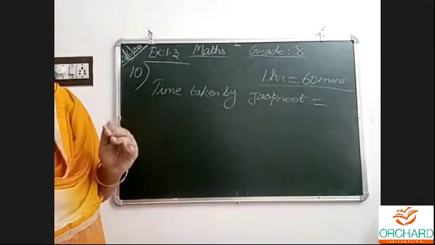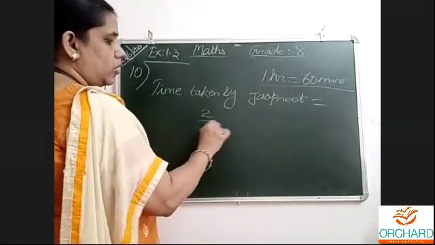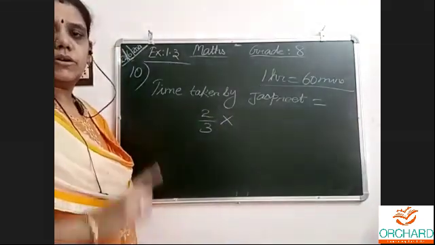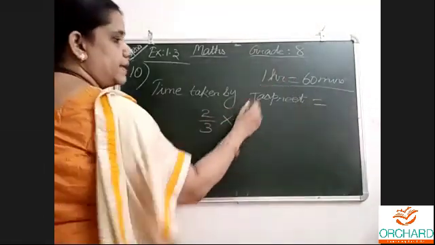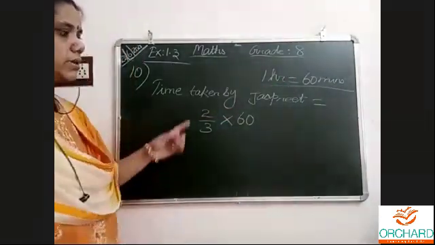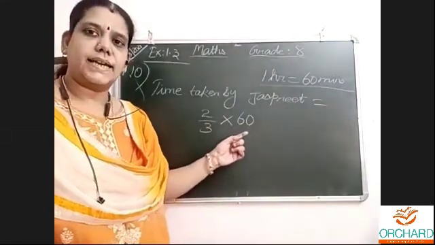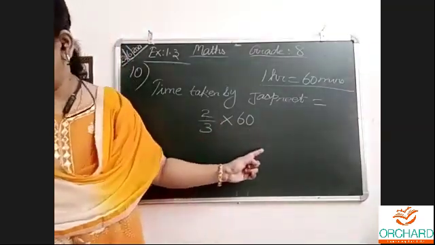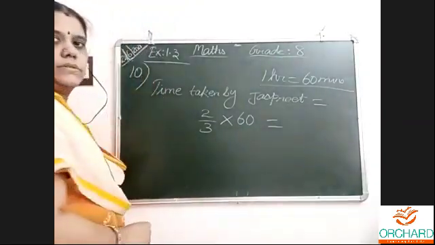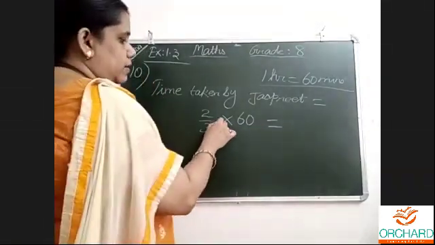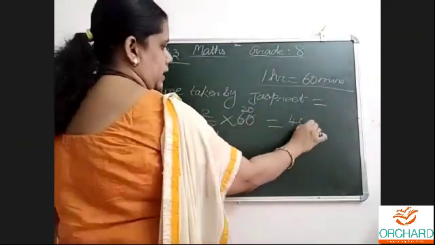Jaspreet took 2/3 of an hour. Of an hour means 1 hour. 2/3 of 1 hour. I want in minutes, then only we can compare. 1 3s are 3, 2 3s are 6 and 0. 2 20s are 40. 40 minutes.